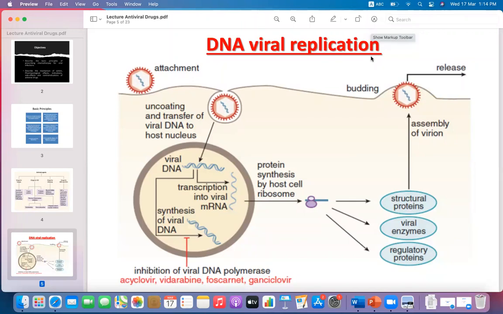Generally, the basic principle is that antiviral drugs should target the viral sites. In DNA viral replication, the normal metabolism process includes attachment of the virus, then synthesis of the viral DNA, transcription into messenger RNA, protein synthesis, assembly of the virion, and the release and budding.